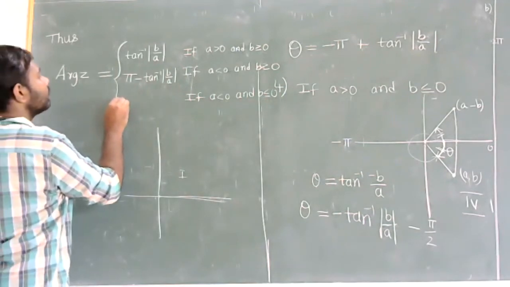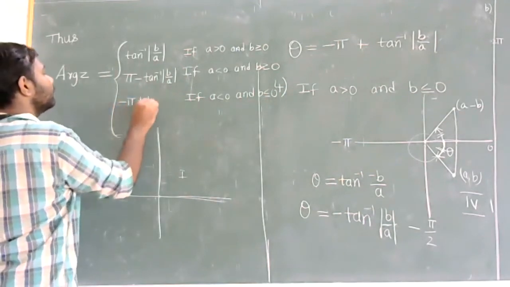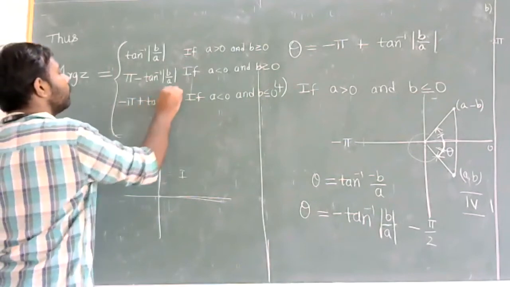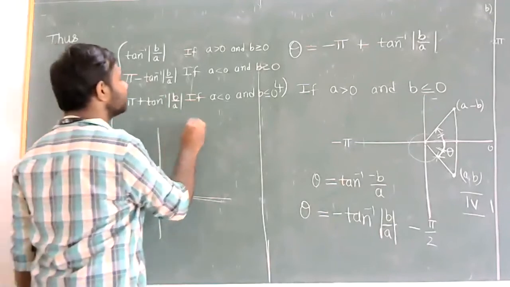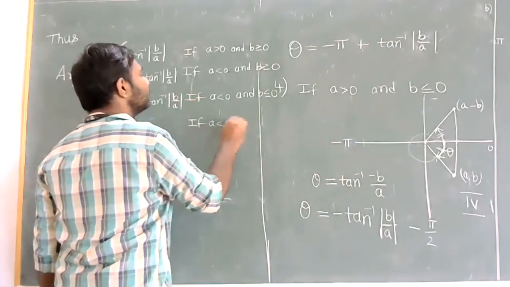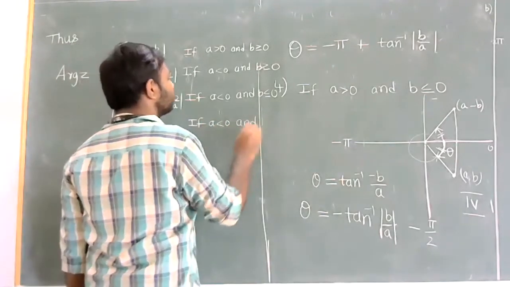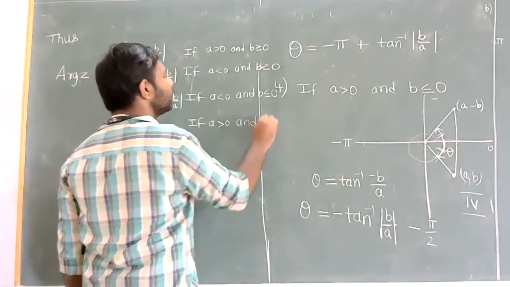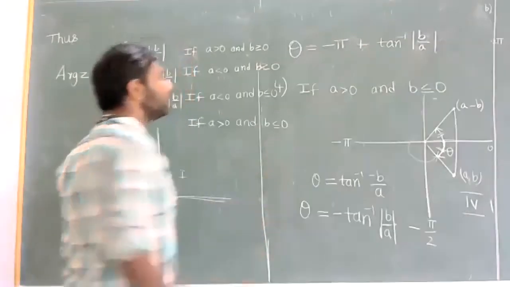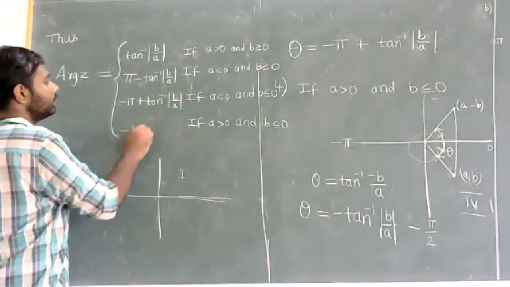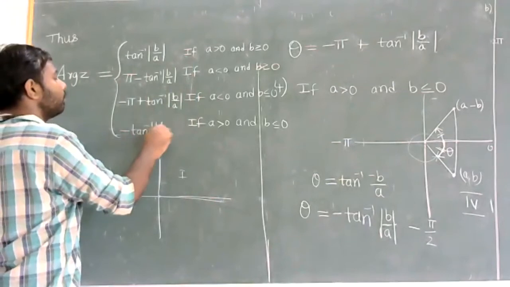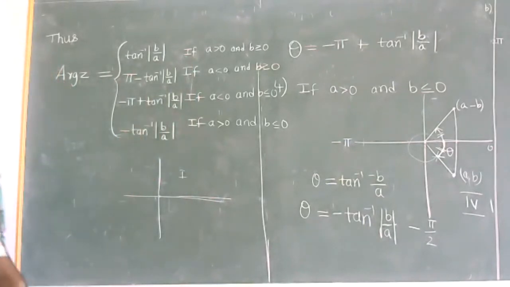In this case, it is minus pi plus tan inverse of modulus of B by A. And in the fourth quadrant, that is A is greater than 0 and B is less than or equal to 0, the principal argument is minus tan inverse of modulus of B by A.